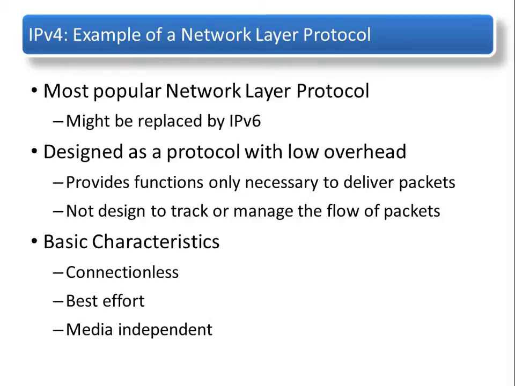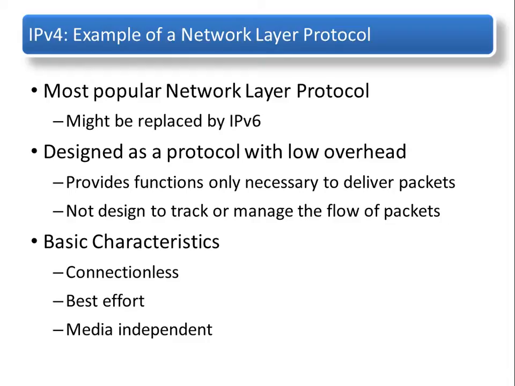Network layer protocols describe services and structures that are used to encapsulate UDP datagrams or TCP segments handed down from the transport layer. In the case of IPv4, it was designed to produce very low overhead and to provide functions only necessary to deliver packets. Hence, IP must depend on upper layers to track and manage the flow of packets.